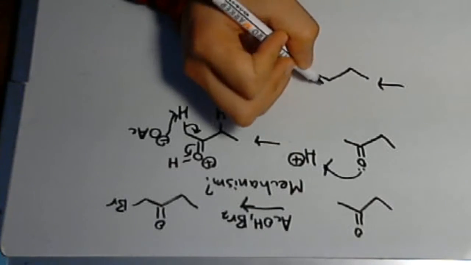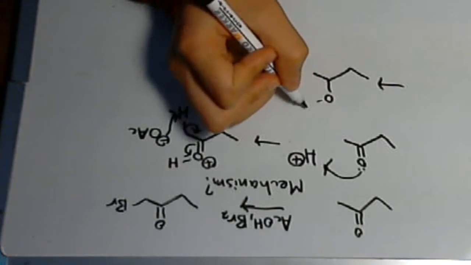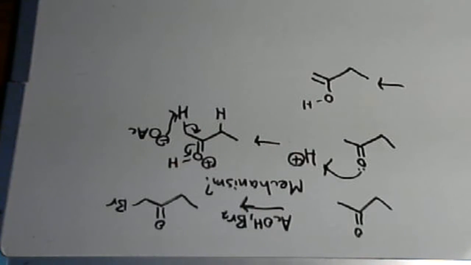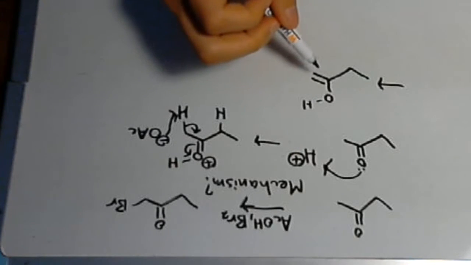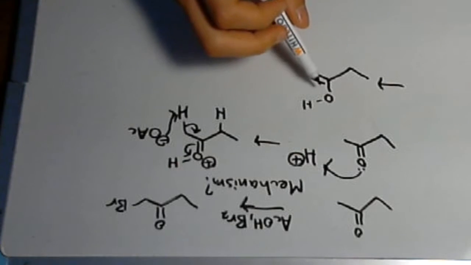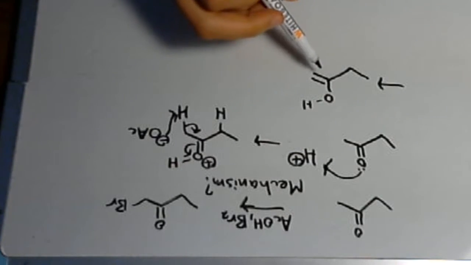So let's draw that compound. We get an OH and a double bond. Okay, so what kind of compound is this? This is an enol. This is an enol.